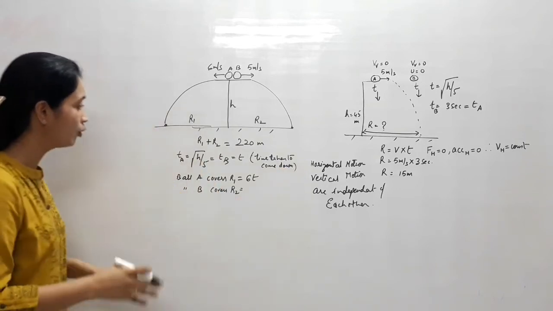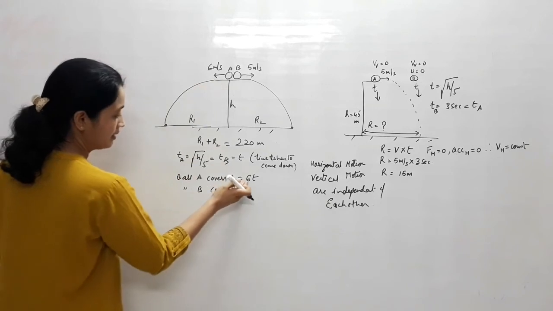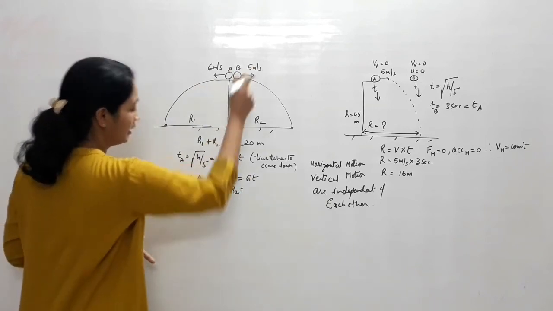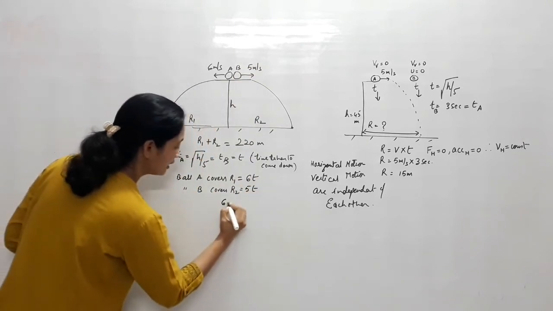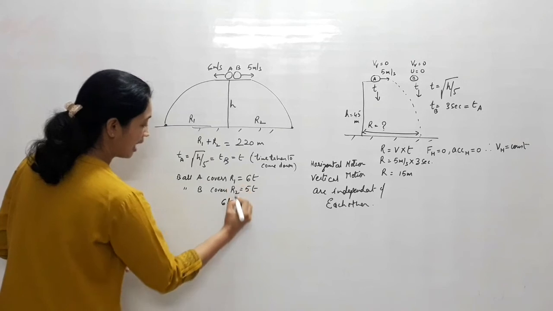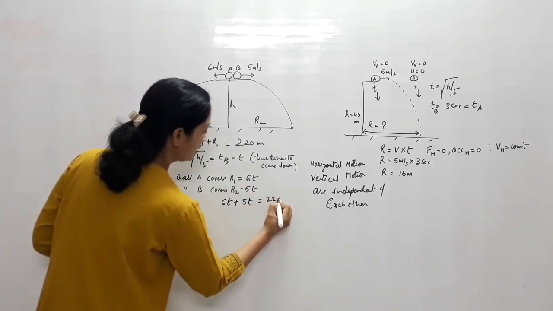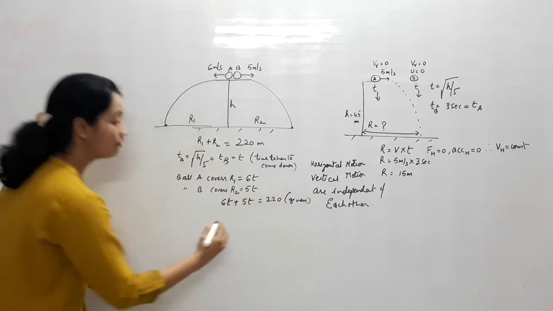And when they come down, in the same time, how much horizontal distance does ball A cover? It is 6 times t. And how much horizontal distance does ball B cover? It is velocity 5 into t. And it is given in the question that 6t, this is r1, plus 5t, which is r2, is equal to 220. So we get 11t.